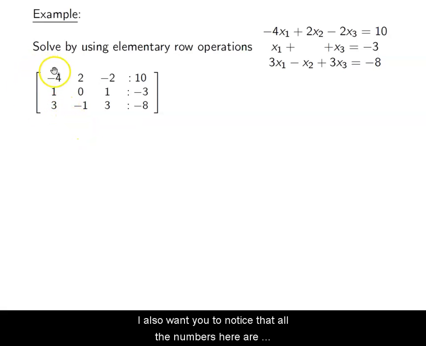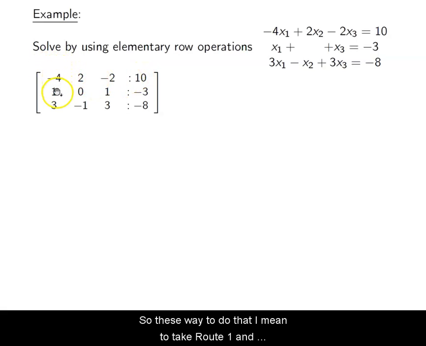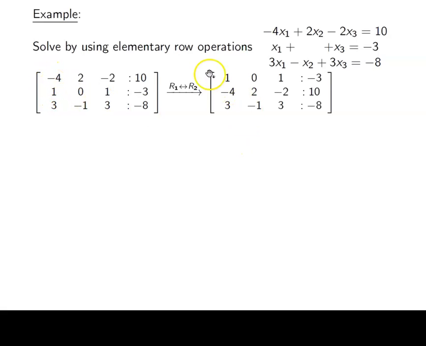I also want you to notice that all the numbers here are multiples of 2. So I could divide everything here by 2, and I'd have -2, 1, -1, 5, which is nice, but that doesn't do anything for me at the moment, right? So my goal right now is to make this a 1. So the easiest way to do that, I'm going to take row 1 and row 2 and swap them out.